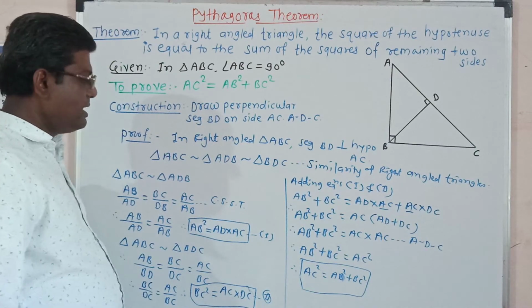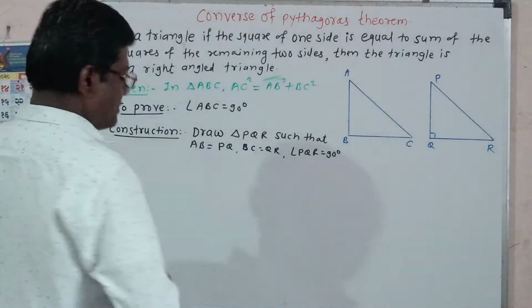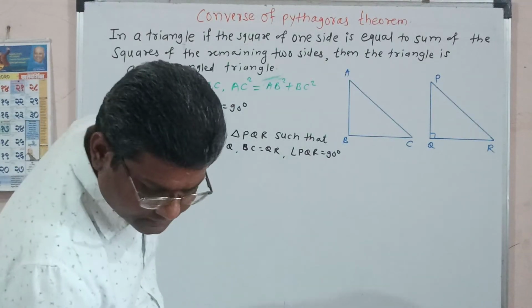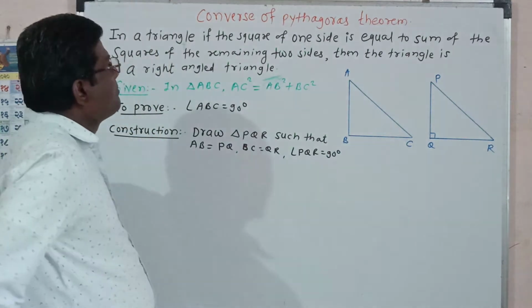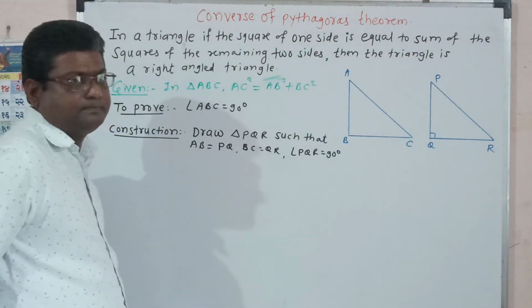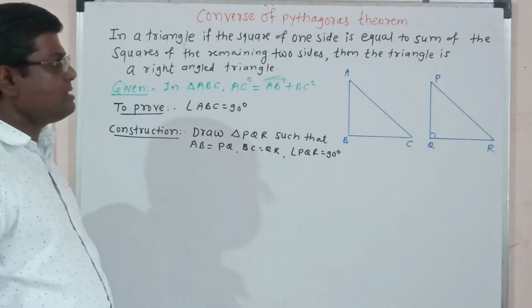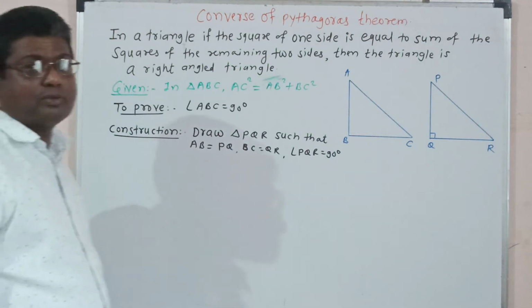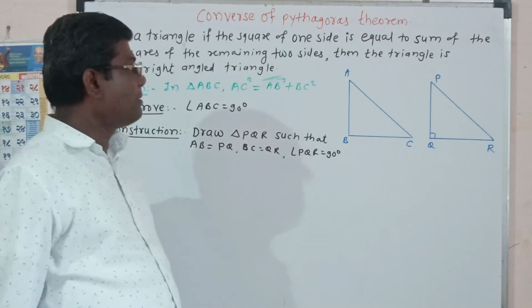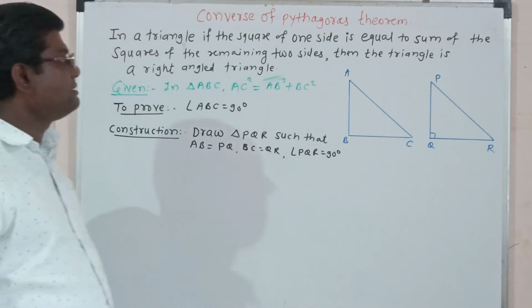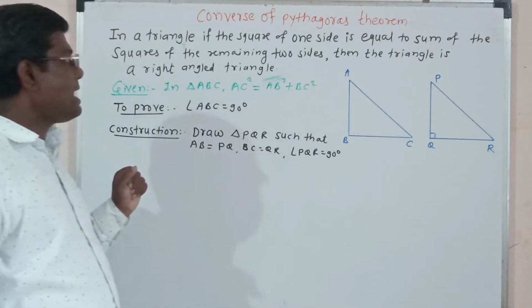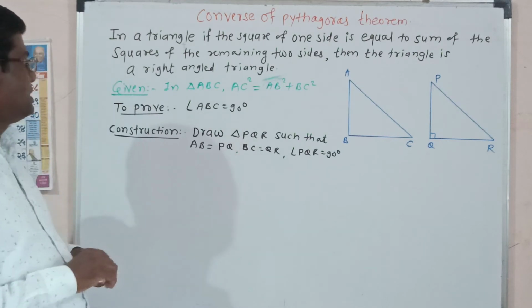In a right angled triangle, the square of the hypotenuse is equal to the sum of the squares of the remaining two sides. Now, converse of Pythagoras theorem. In a triangle, if the square of one side is equal to the sum of the squares of the remaining two sides, then the triangle is a right angled triangle.